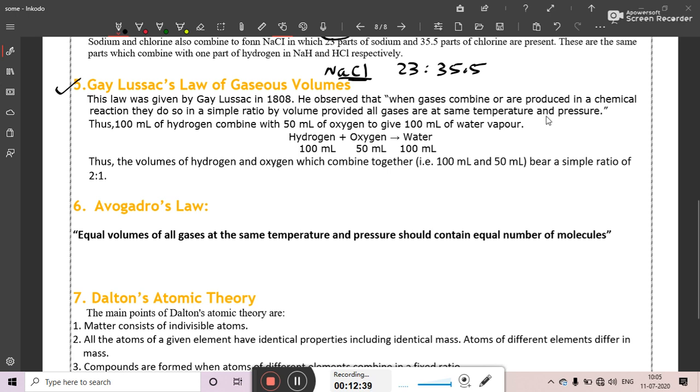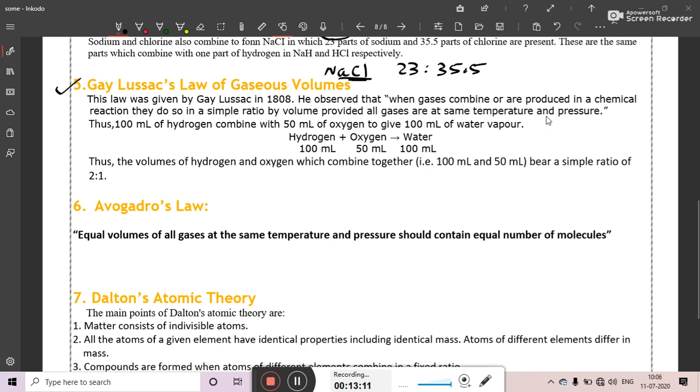So there are some chemical reactions in which the combining reactants are gases, and there are some reactions in which the products formed are gases. So whenever gases react or whenever gases are formed in a chemical reaction, they always combine or form in a simple ratio by their volumes.